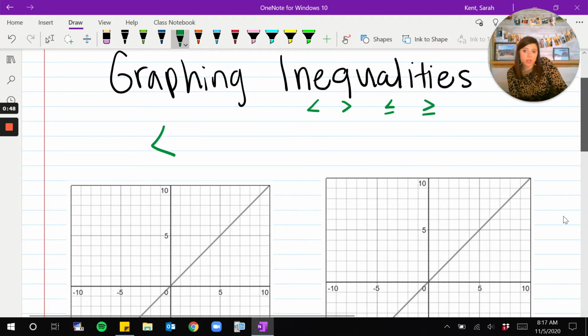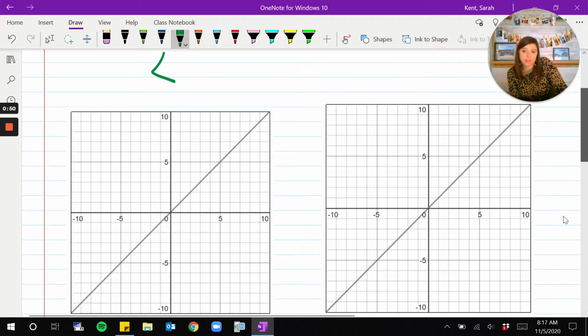So when we look at our less than symbol, we can think that this kind of looks like an arrow pointing down. So that means on my graph, when I want to color, I'm going to pick any spot on my line and I want to color down.